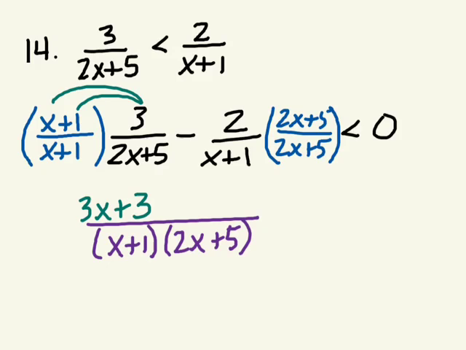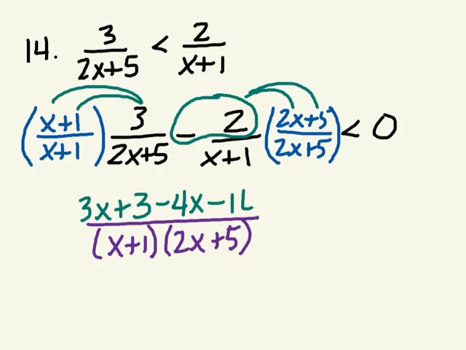That's why I always do these in parentheses, so I can distribute and remember that it's not just times one of the terms. Here you have to be careful whenever you have subtraction that you take that negative with your 2. So that gives me negative 4x minus 10.